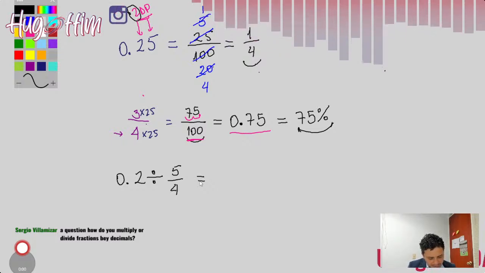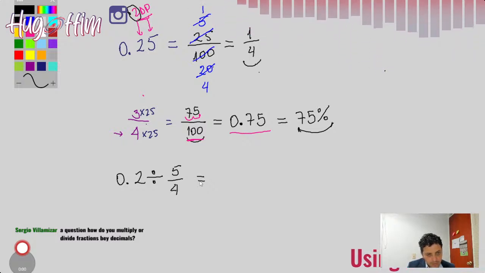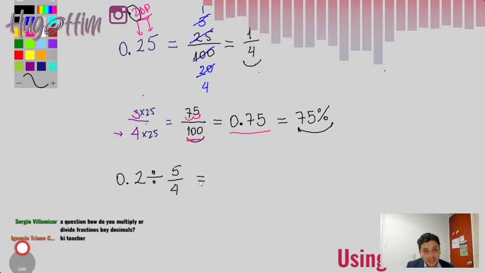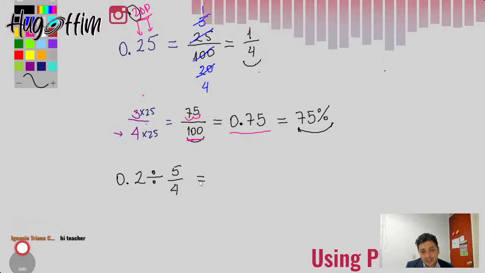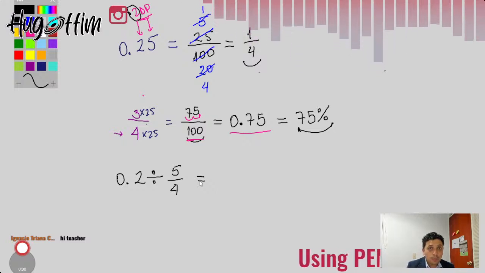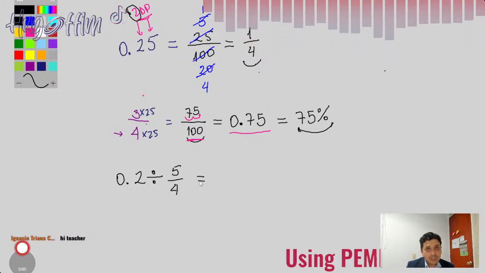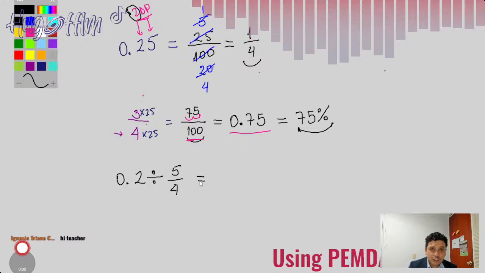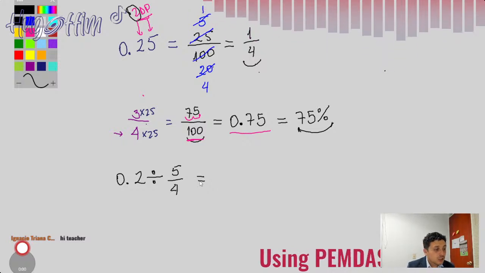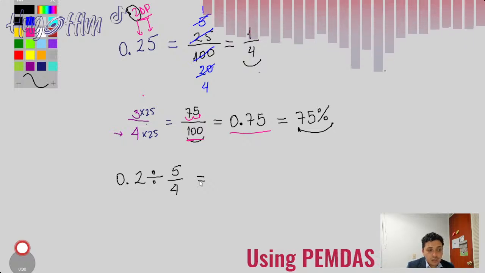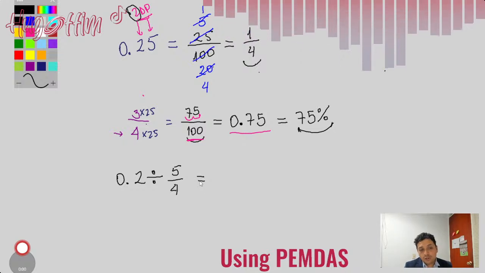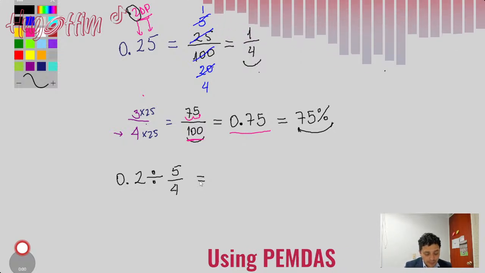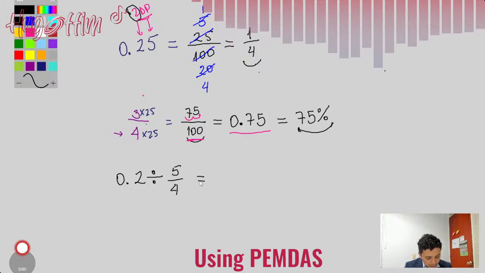Observe that we have a decimal and a fraction, but we already know how to convert a decimal into a fraction or a fraction into a decimal. So operating decimals by fractions is the same as operating a fraction by a fraction or a decimal by a decimal. You must choose if you're going to convert the decimal into the fraction or the fraction into a decimal. This is what you must do.